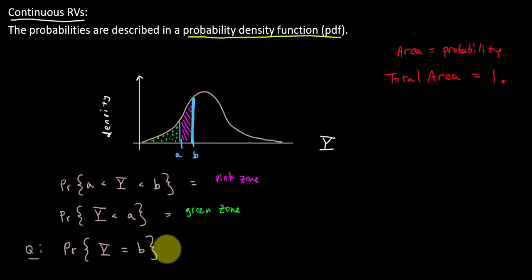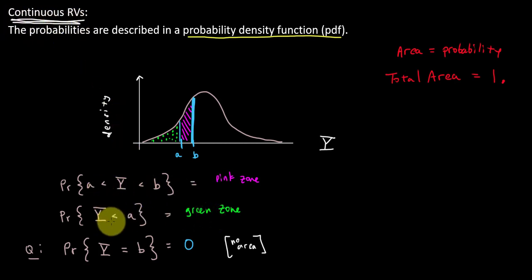So there is no area here. So the answer here would be 0, because there is no area. No area when our variable equals a particular value. And remember, we're in the continuous world.